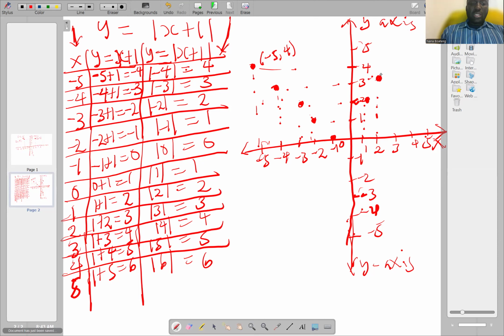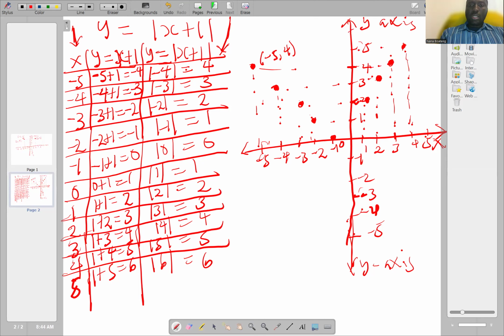The next one, x is 3 and y is 4. X is 3, y is 4, will be this point. The next one, x is 4, y is 5. It's about this point.